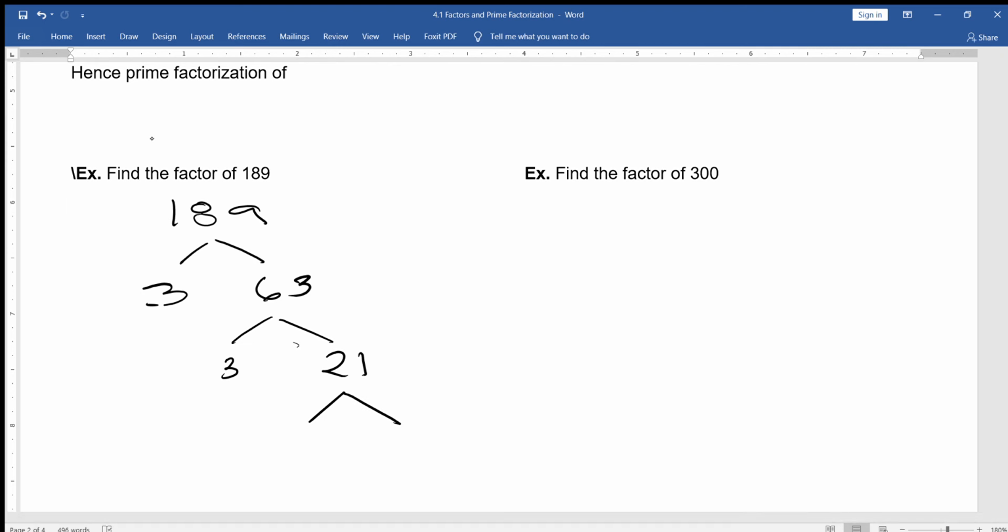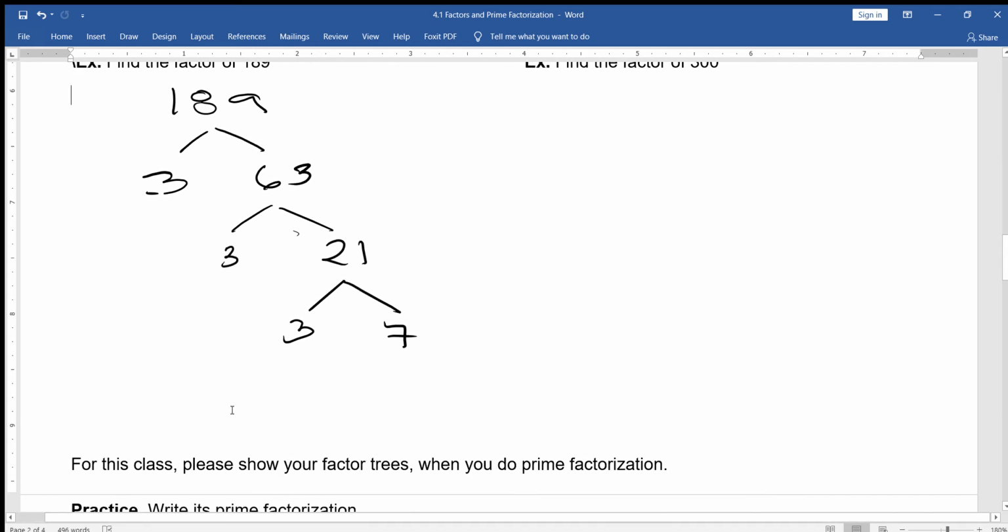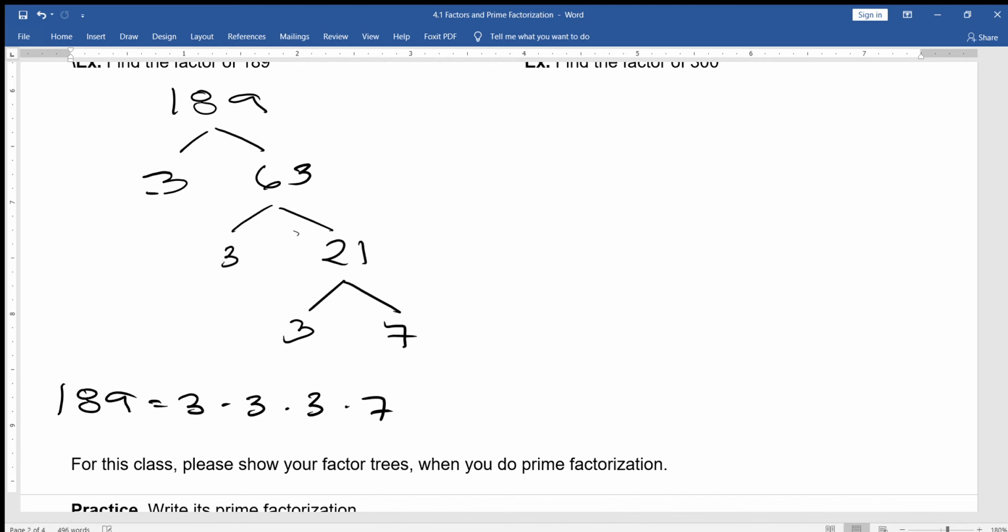Yes, it's 3 and 7. Is that all? Is 7 a prime number? Yes. So 189 can be written as 3 times 3 times 3 times 7.